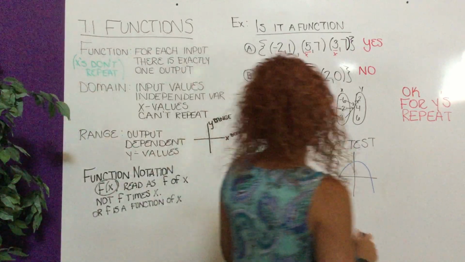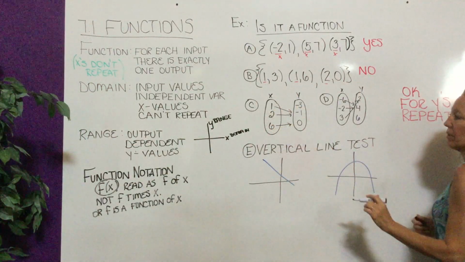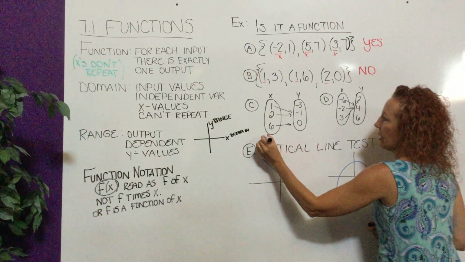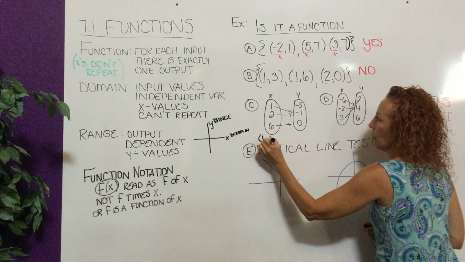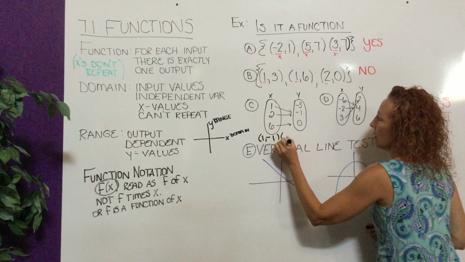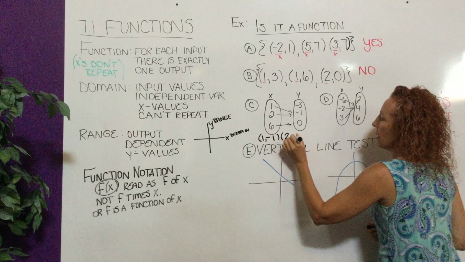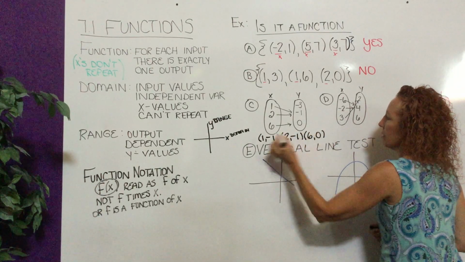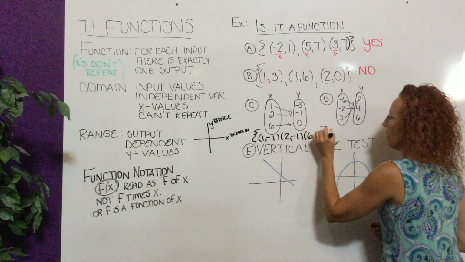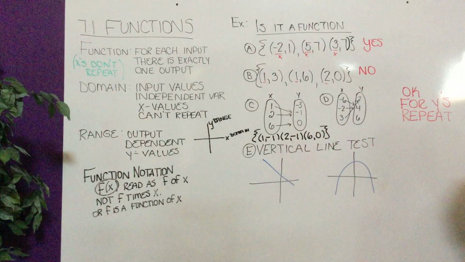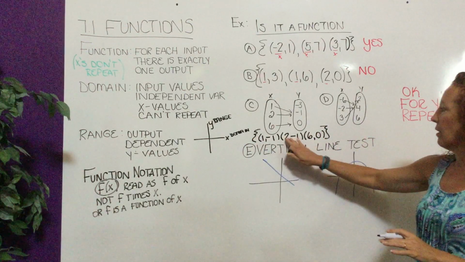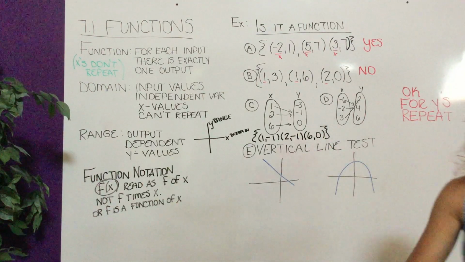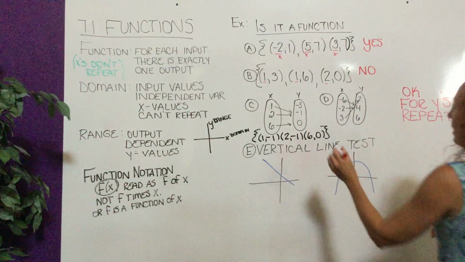If that's confusing to you, write it down as a coordinate pair, kind of what you're seeing here. I'm seeing 1, -1. I'm seeing 2, -1. And I'm seeing 6, 0. So that is what that mapping is representing. Since the x's aren't repeating, I would say yes, it is a function.